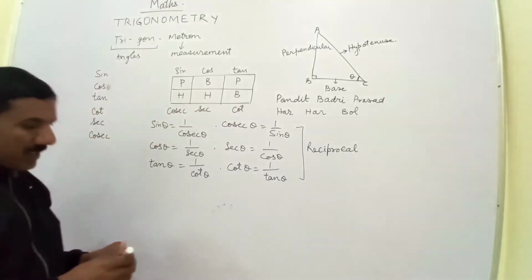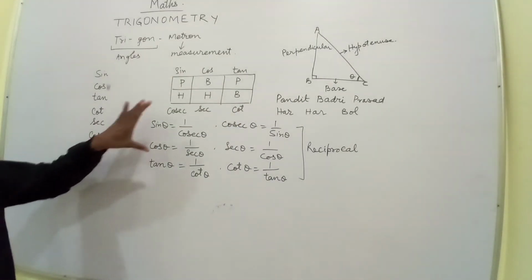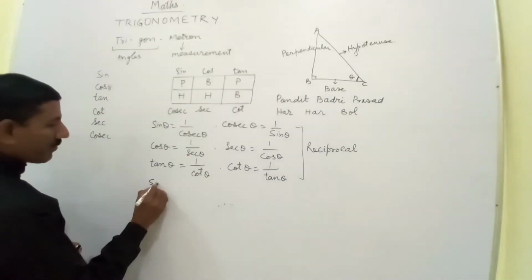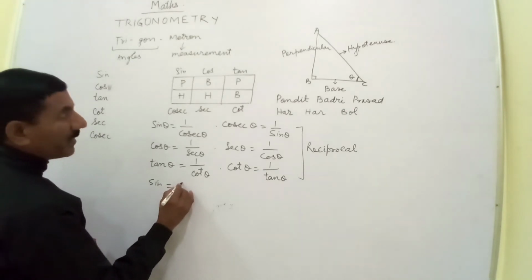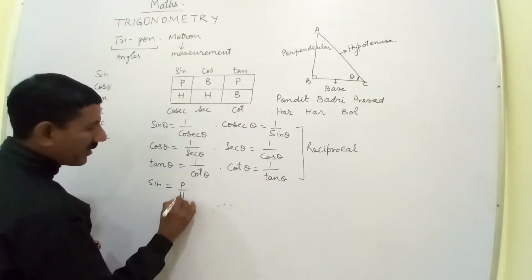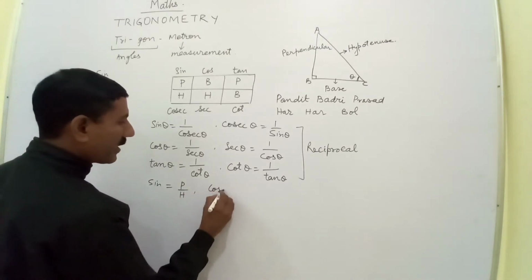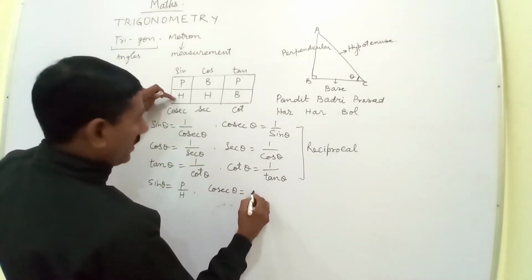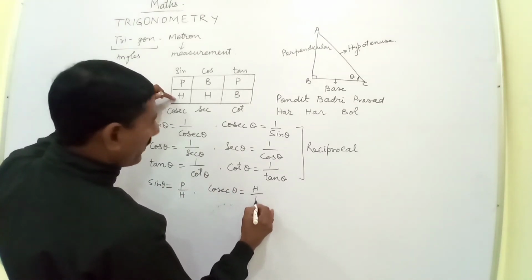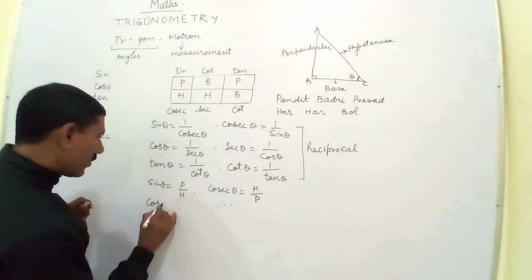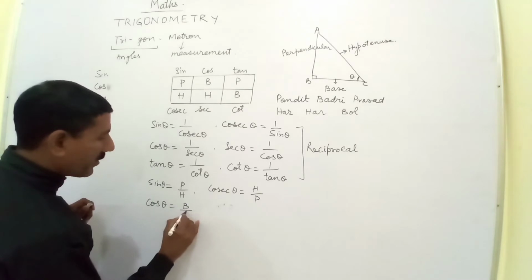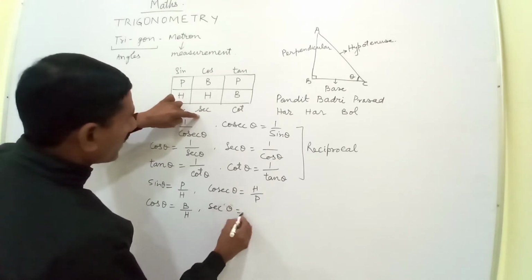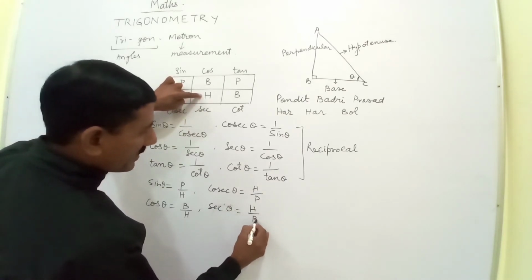ये रेसिप्रोकल्स आपके 6 फार्मूले यहाँ पर हुए, और 6 फार्मूले आपके बन जाएंगे यहाँ से. Sine theta is equal to perpendicular upon hypotenuse, cosec theta is equal to hypotenuse upon perpendicular, cos theta equals base upon hypotenuse, and sec theta equals hypotenuse upon base.